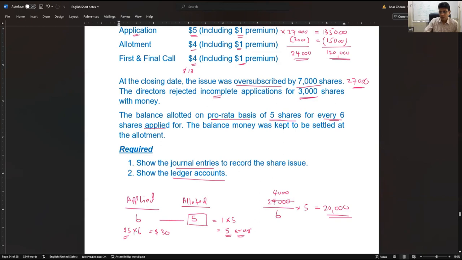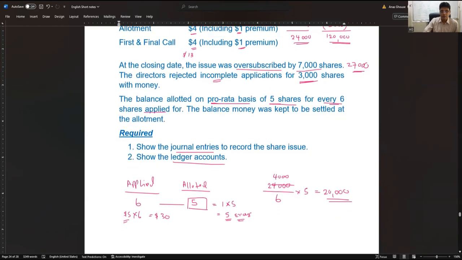But since the allotment money was not collected from the applicants, what the company will do is deduct this amount from the allotment money for 5 shares. Allotment money to be received is $4 per share, so that is going to be $20 to be received. However, since they have paid extra money for 1 share, this $5 excess money will be deducted from here. So the applicant has to pay only $15 for the allotment money.